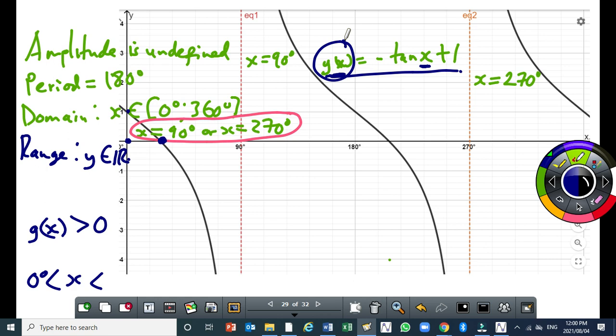What's the answer? You can't tell me that no one can solve that equation by putting g of x equal to 0. Sir, it's 45. It's going to be 45.